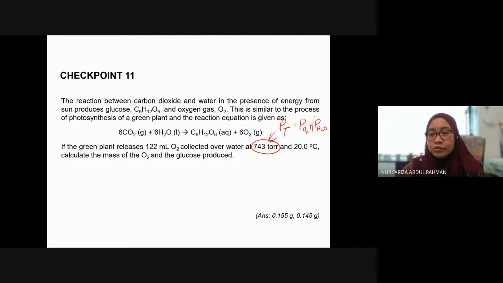So we want to remove this PH2O so that we can get the PO2 only. Soalan tanya, calculate the mass of the oxygen. Once we have the partial pressure of oxygen, we can calculate for the mole and later we can calculate for the mass. From P oxygen, we can calculate for n of oxygen using PV=nRT.